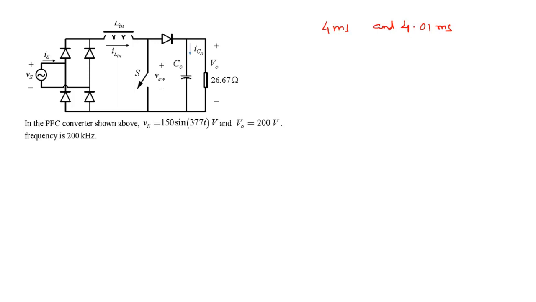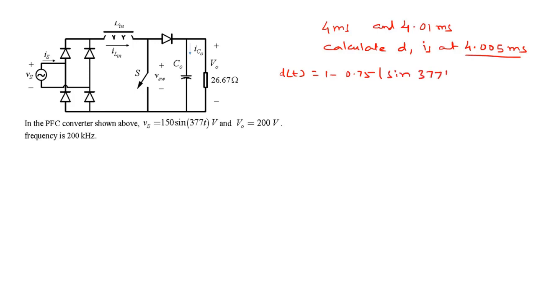So calculate d, Is and so on at 4.005 millisecond, right in the middle of this duration. Okay, so d of t we already derived in part A, I think, which was 1 minus 0.75 times the absolute value of sine of 377t.